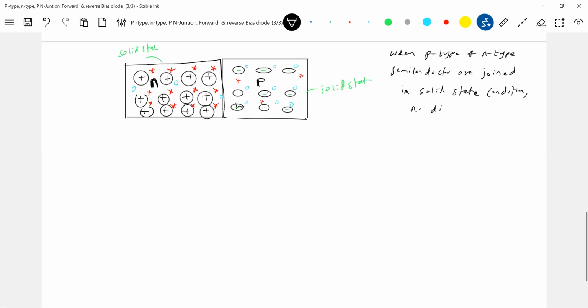Nothing. So no diffusion of charges occurs. I think they've asked this in some AIIMS, All India Institute of Medical Sciences.